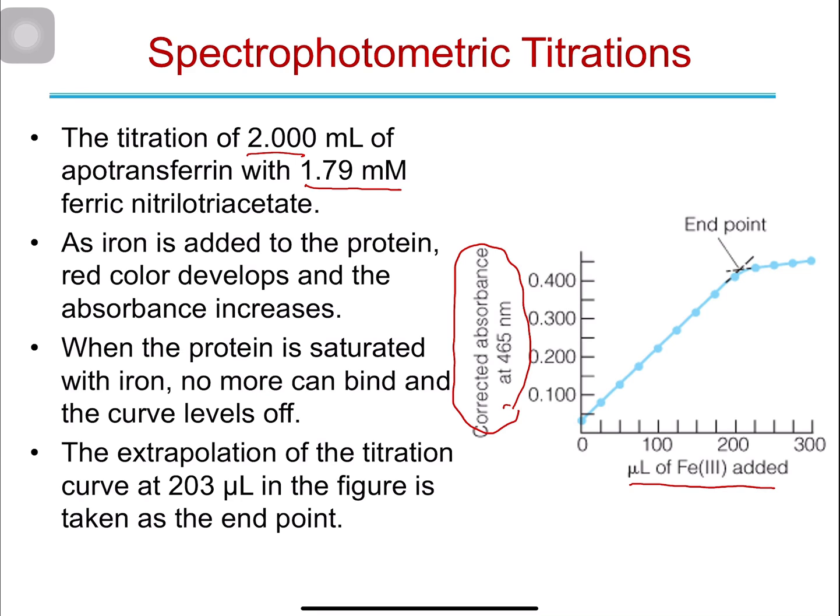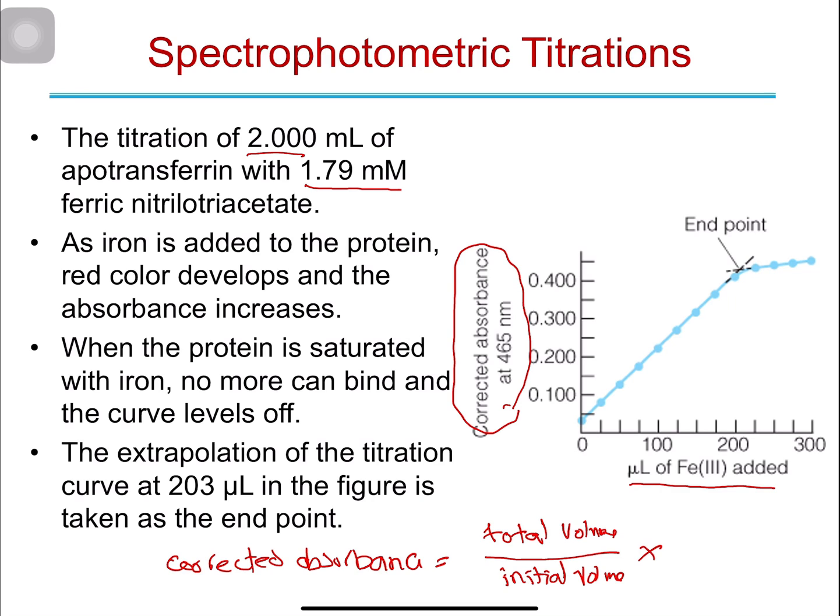The corrected absorbance will equal the total volume over the initial volume, and this is multiplied by the observed absorbance.